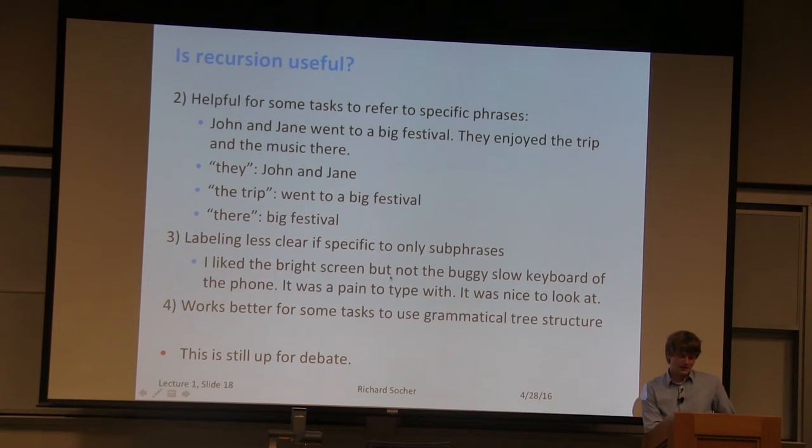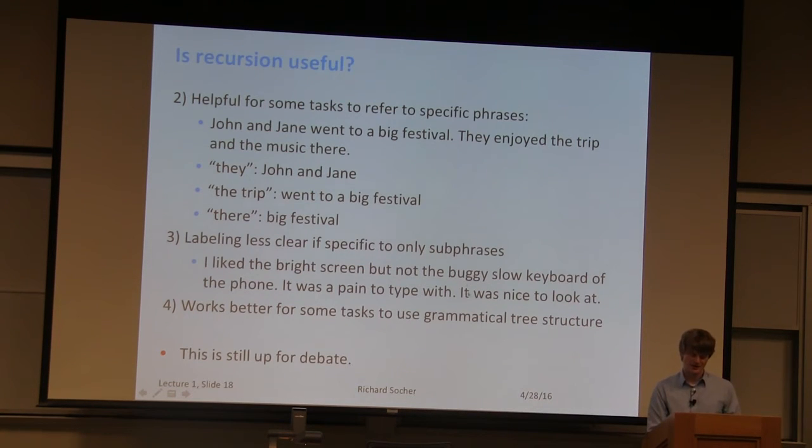Now, the labeling might also sometimes be a little less clear if you only have a label from left to right, or only one for a single word. So you might, for instance, say, I like the bright screen, but not the buggy slow keyboard of the phone. It was a pain to type with, or it was nice to look at. So now you want to refer to it.